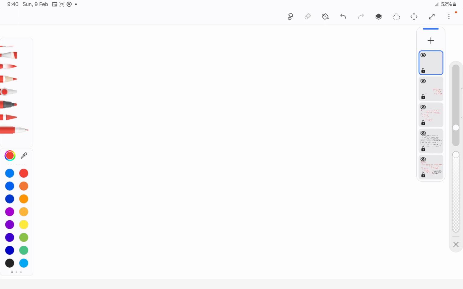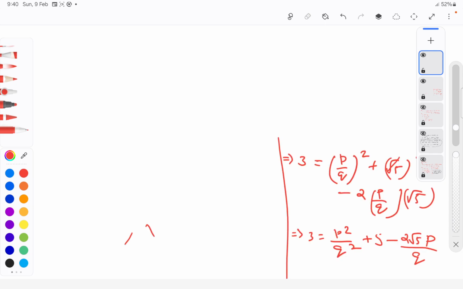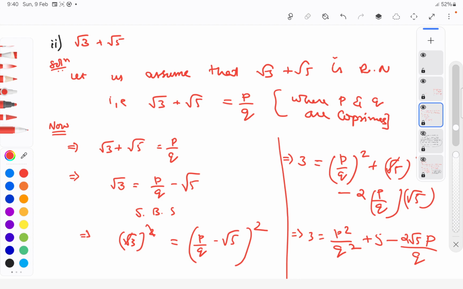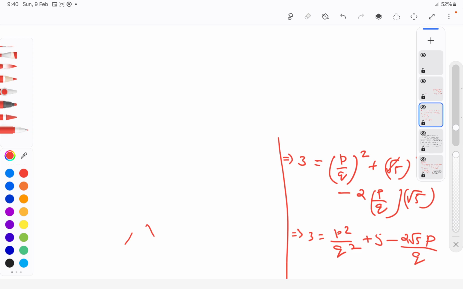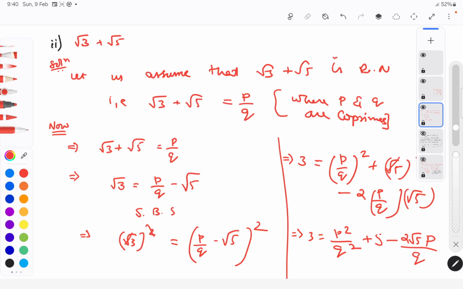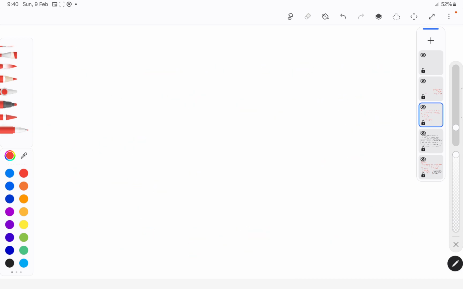So, in the next slide, if you see from the last slide, two slides came here, students, no problem. You can just revise it directly. See, 2 root 5 P by Q, bringing to the left side. On the left side we already have 3.